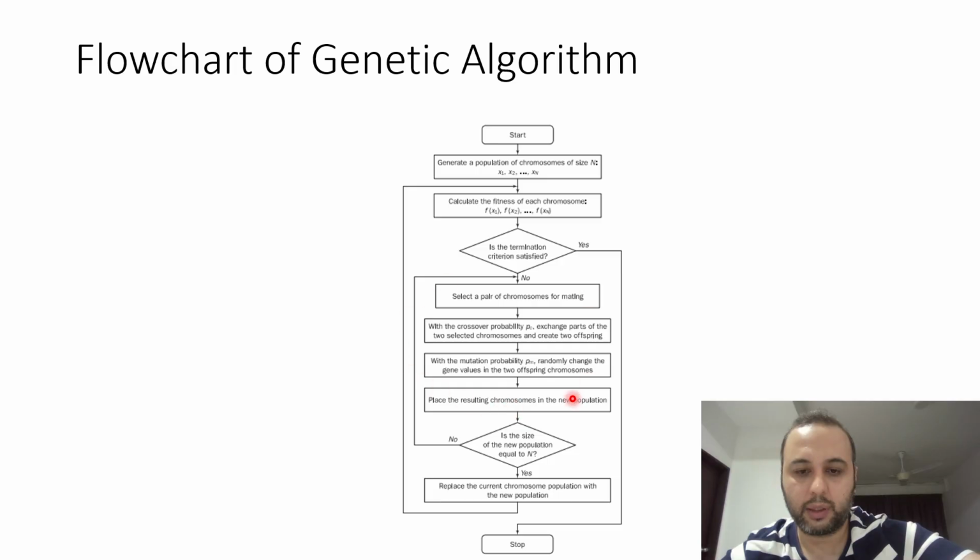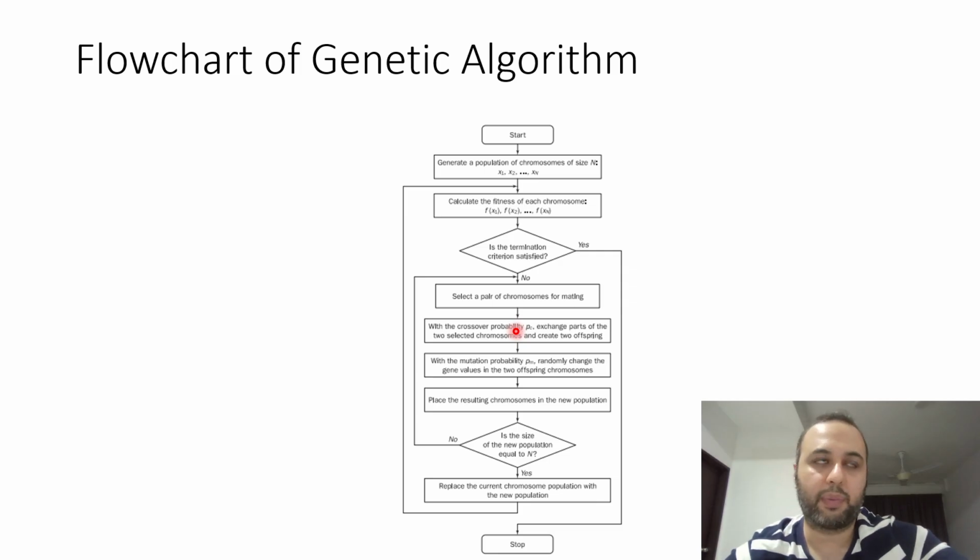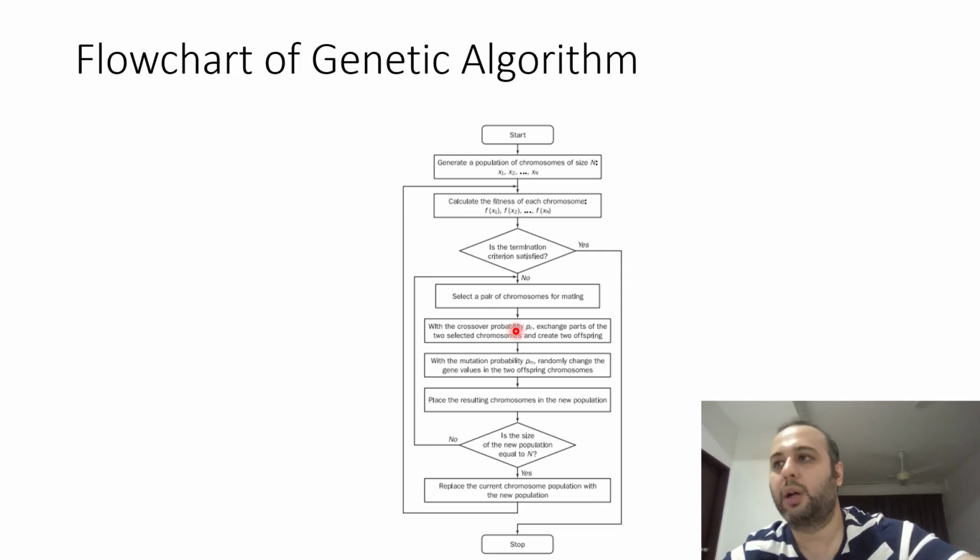This loop creates the new generations, and again evaluation, again checking satisfaction of termination. If yes, the algorithm finishes. This loop may continue for 1000, 2000, 3000 times, depending on the features of our algorithm and the parameters we define, how many iterations we want our algorithm to run.